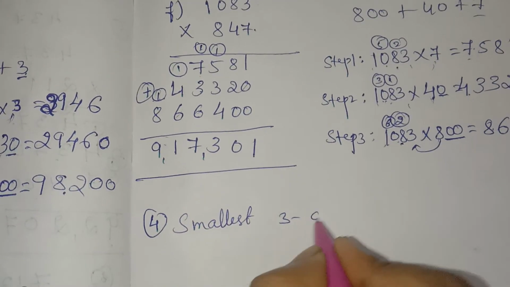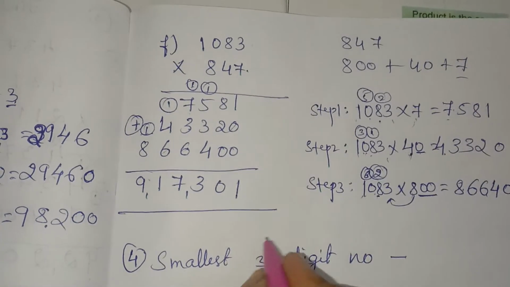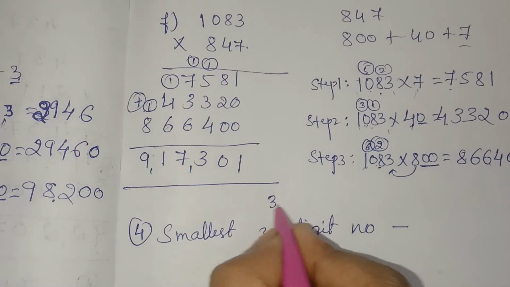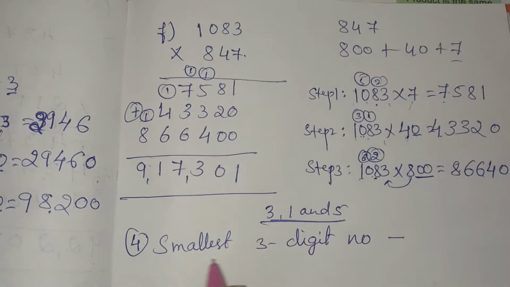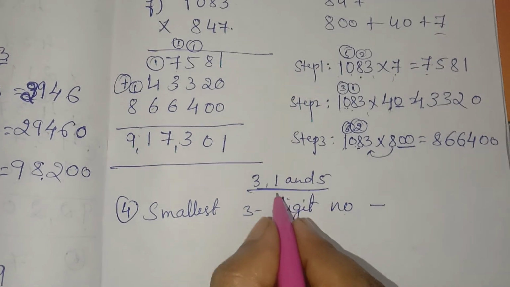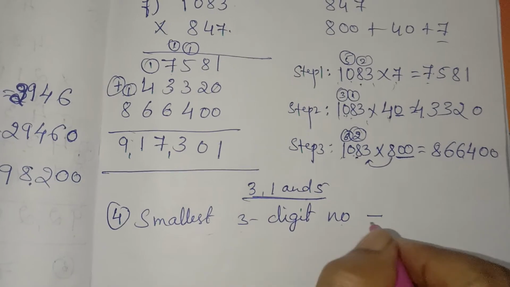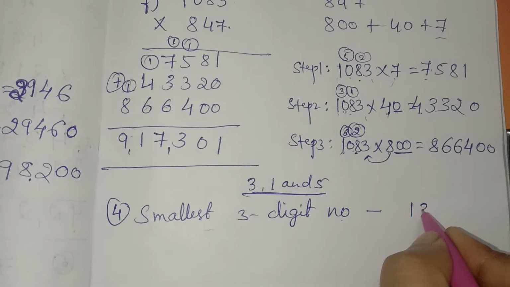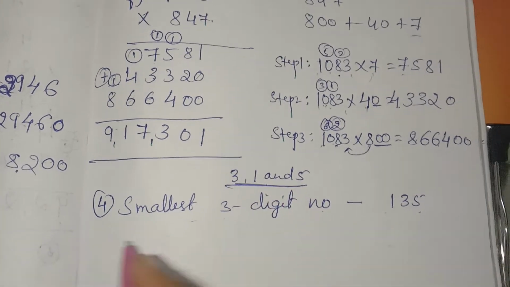The smallest 3-digit number is, here they have given the digits 3, 1 and 5, isn't it? By using these three digits, the smallest 3-digit number can be written in ascending order: 135. 135 is the smallest 3-digit number.